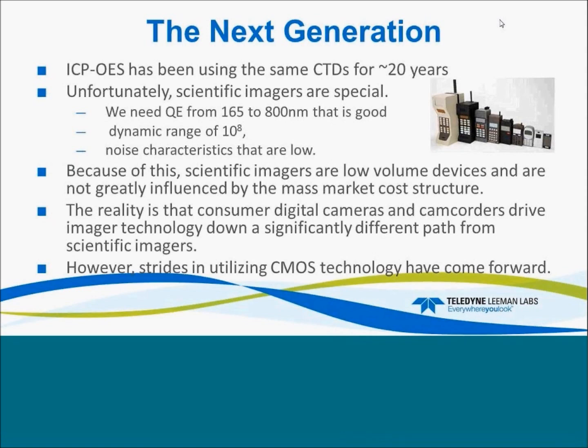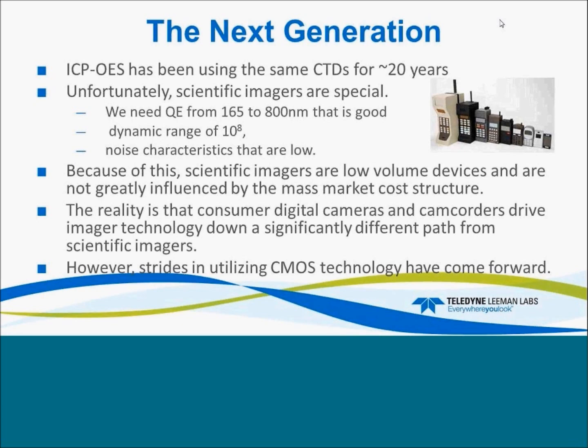The plasma will be the limiting dynamic range of 10 to the 6. And we want noise characteristics that are really low. We want to be able to make measurements for elements like arsenic and selenium that have very, very low intensity, but we also need to make measurements with very high intensity at the same time. We want low noise characteristics.